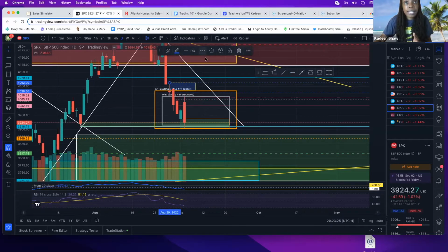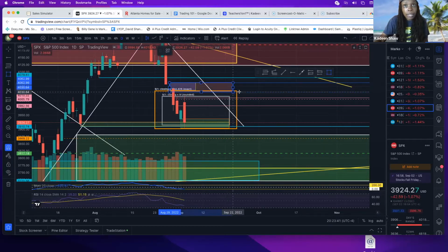Now that you have these lines, the proximal and the distal, notice I have my two price lines here. I don't want the price lines, so I'll grab the square and put it at the same place where the price lines are. Once I do that, I will erase my price lines to make sure the prices are exact.